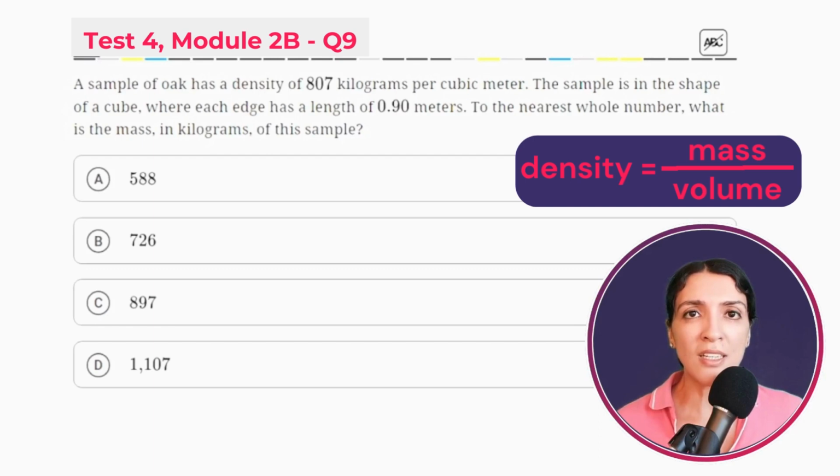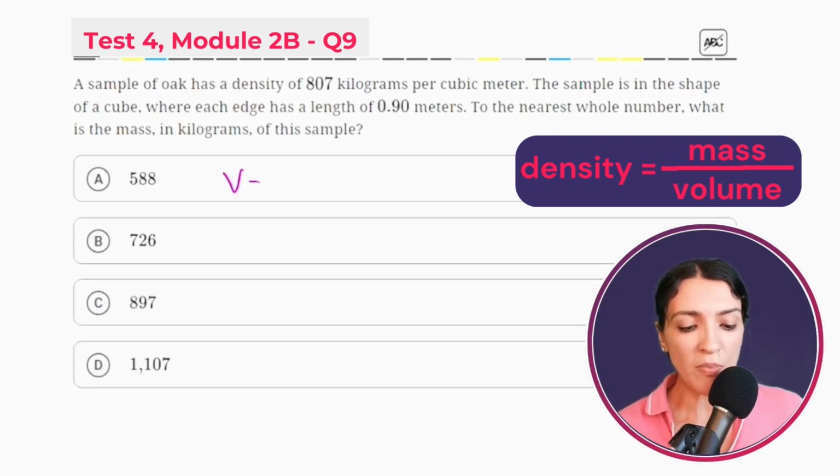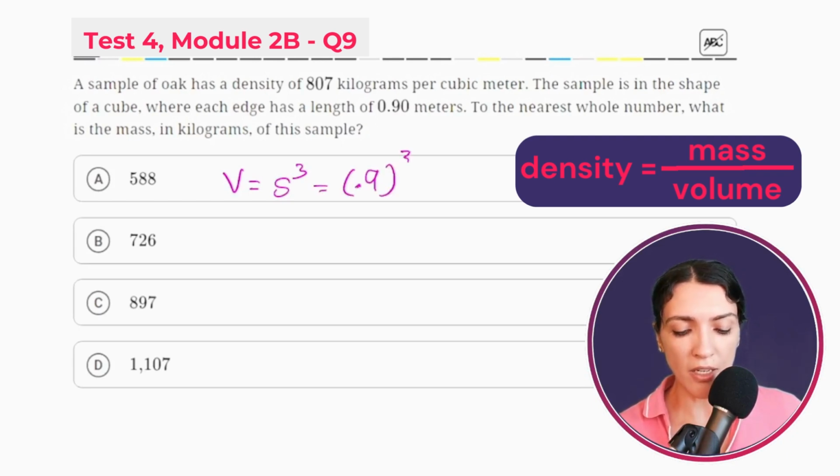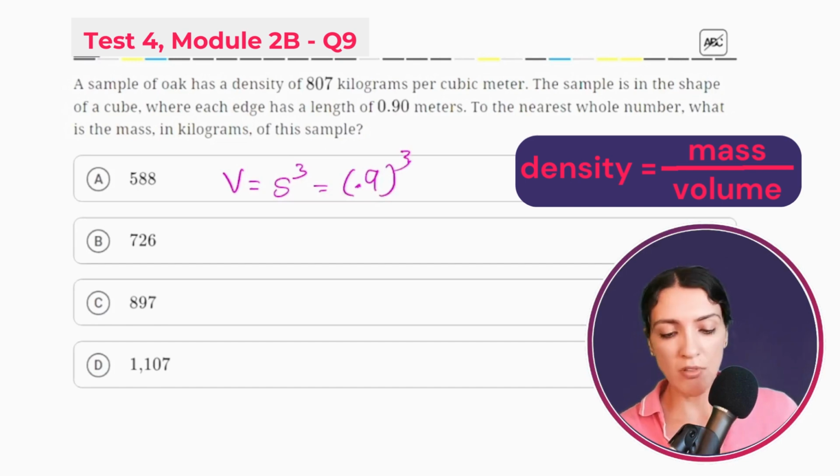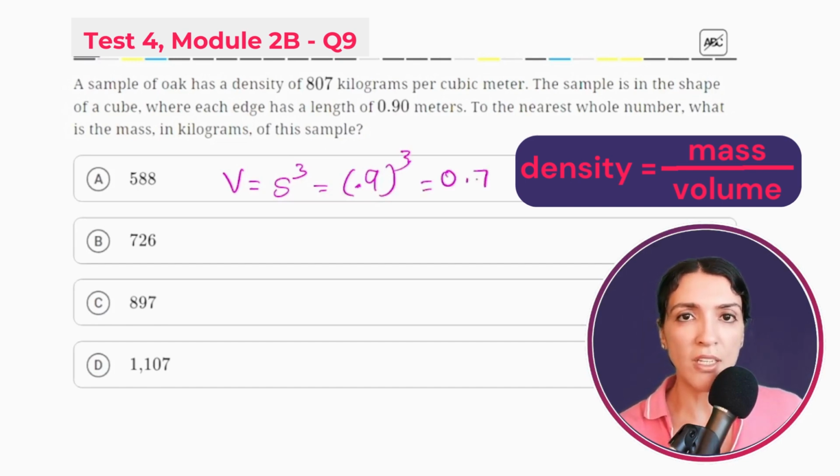Since the density is mass per volume, we need to first find the volume of the solid. It's a cube, so the volume would be side to the power 3. And each side is 0.9. We can use our calculator here, and 0.9 to the power 3 is 0.729. And density is given as 807, so let's plug that into the formula.